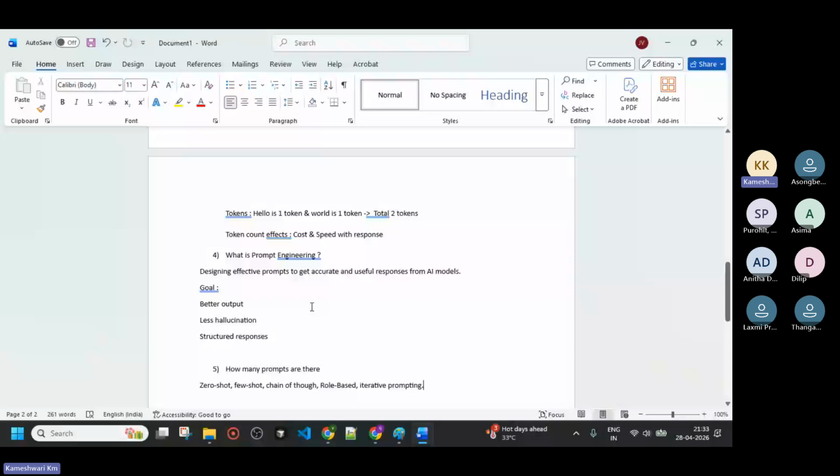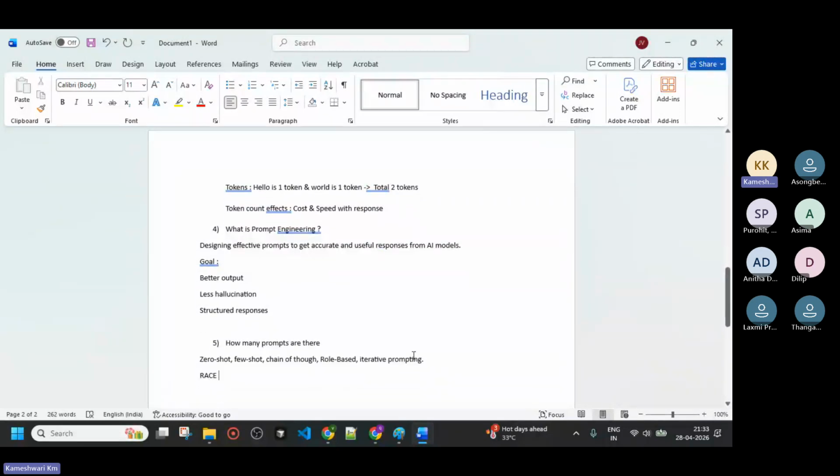So they named it zero shot, few shot, and in such a way you can design a framework. The framework we have seen is the RACE framework: role, action, content, example. So we can always use a role-based prompt.